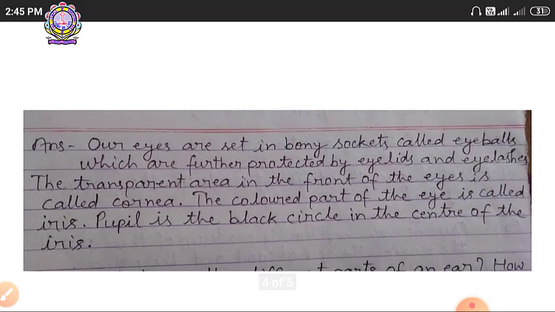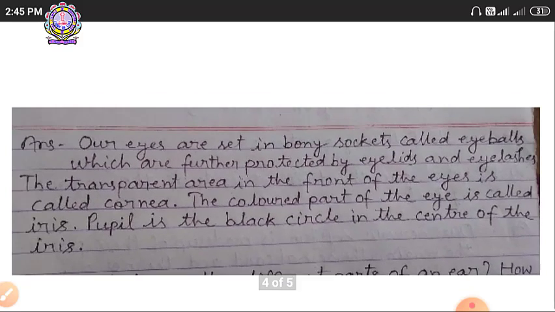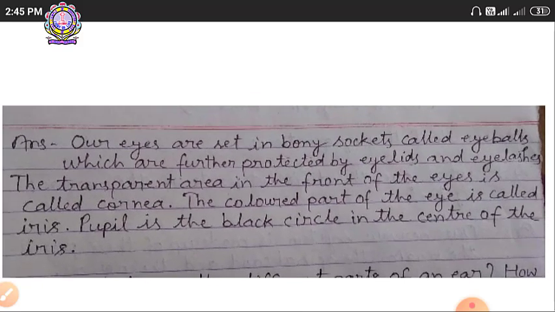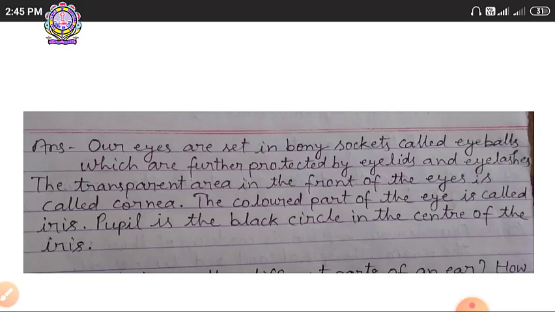So students, you can take the screenshot of this answer by just sliding down your fingers.